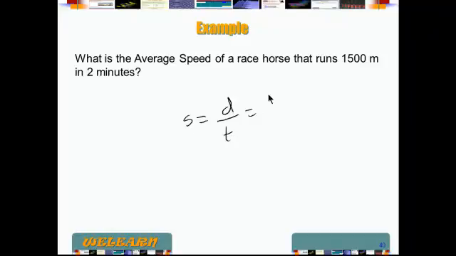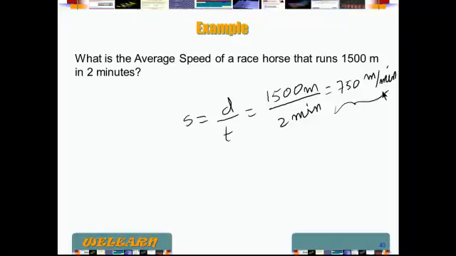So in this particular case it is 1500 meters over 2 minutes, which is going to be 750 meters per minute. Now, of course, if we needed to express this in other units, we can do the unit conversion. Since here they didn't ask us about other units, we are going to keep it as this.